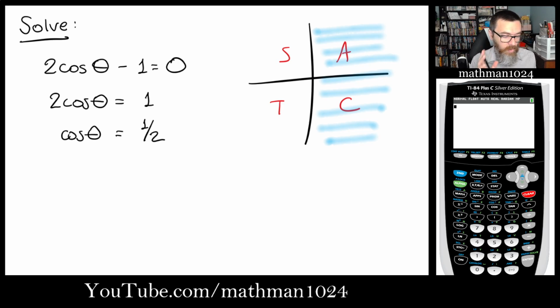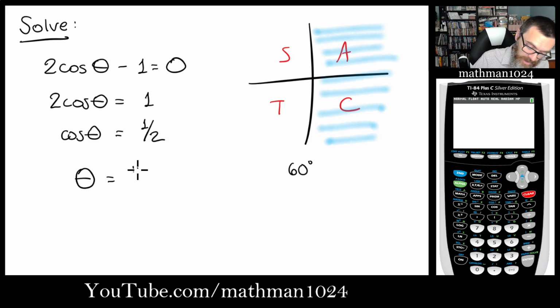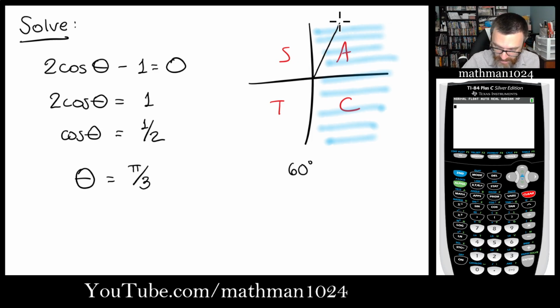Now, what we want to do is solve these from 0 to 2 pi. So our answers are going to be, the thought is our reference angles are going to be 60 degrees. But in terms of radians, because that's what we need, that's going to be pi over 3. So it's going to be this one over here.